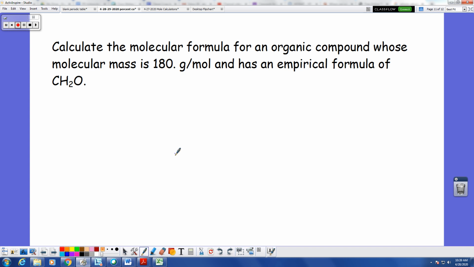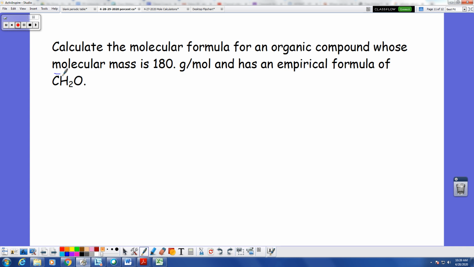Okay, so now the other part of this is the molecular formula. So the molecular formula we said is the actual ratio, because it's not always the smallest whole number ratio. Sometimes it is, sometimes it's not.